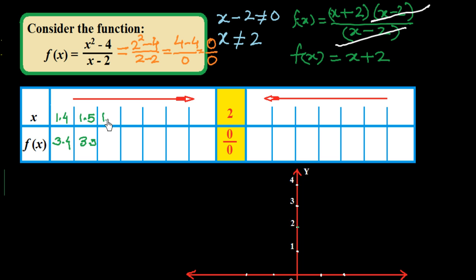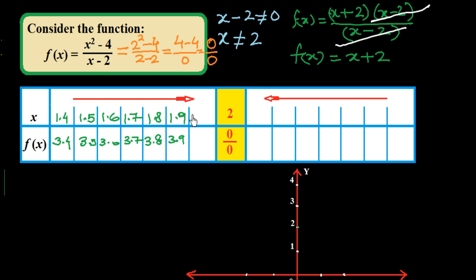If I put in 1.6, it is 3.6. 1.7, it is 3.7. 1.8, it is 3.8. Finally 1.9, here I get 3.9.